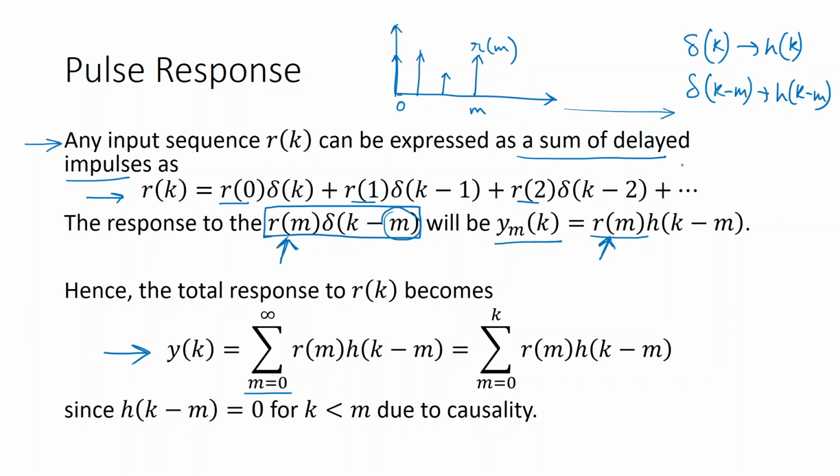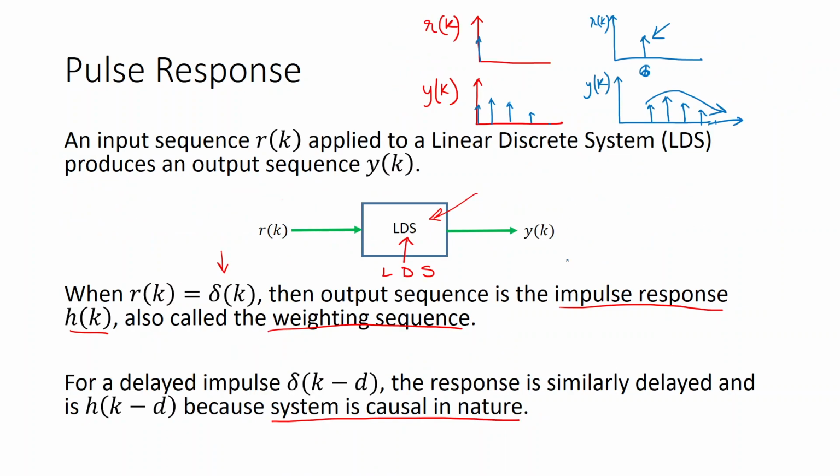It can go on till infinity. However, you notice that for m greater than k we cannot have any value. Here you note, this is the output which is starting at m. For k less than m, in this region, there is no output.